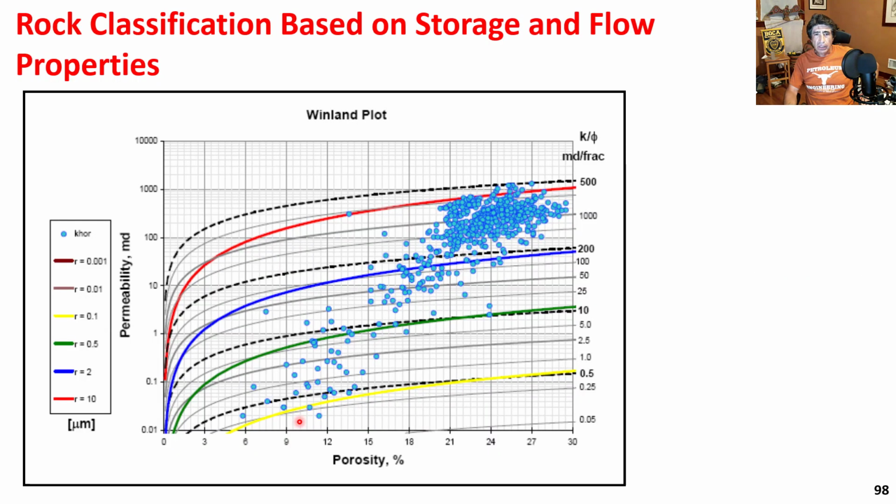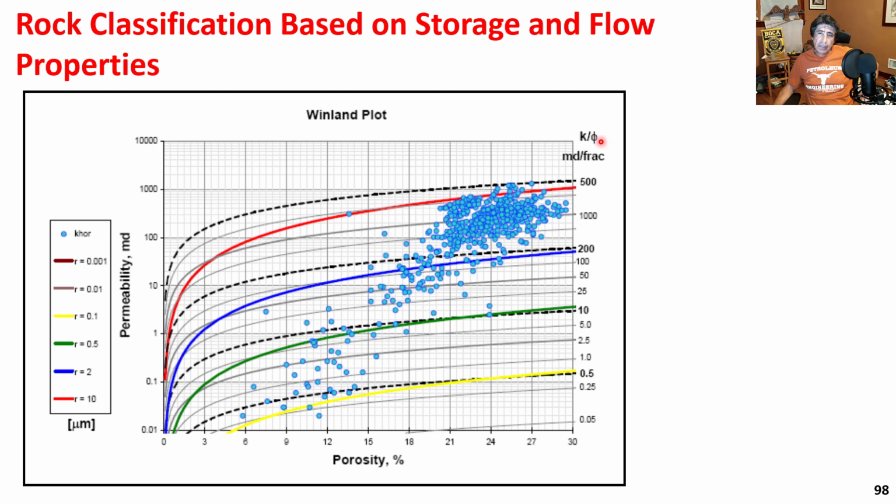And as I said, for the case of clastic rocks, very often one way to classify them is to do a plot of porosity on the x-axis and permeability in log 10 scale on the y-axis. And we know that a given class of rock is one in which the interstitial velocity is constant.